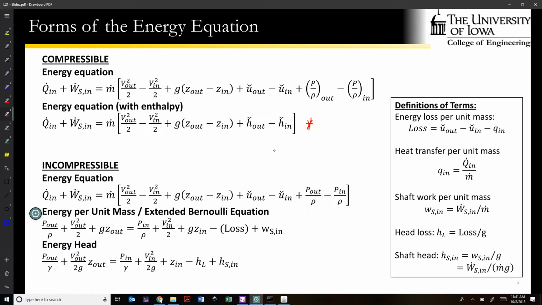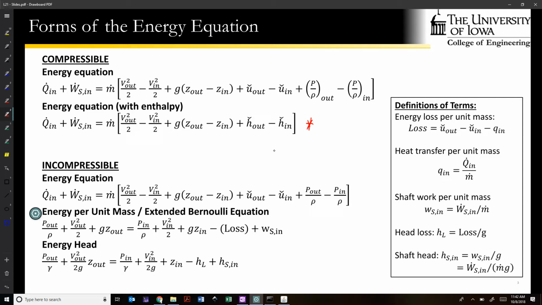And it looks just like the Bernoulli equation that we have, P, v squared over 2, g z, at some point we call the outlet, some point we call the inlet. You could say 1 and 2 instead. The only difference between this and the Bernoulli equation is, of course, that now we've said there's something causing losses in the system, right?